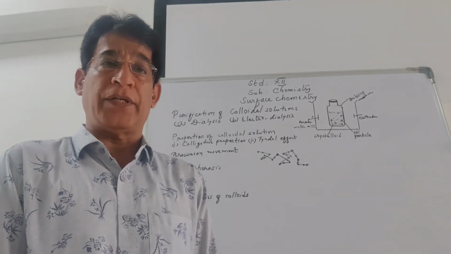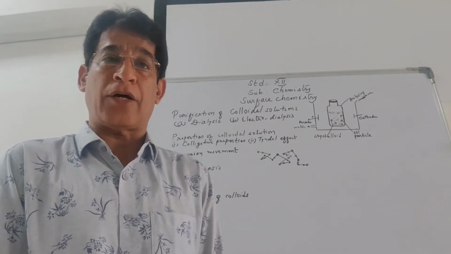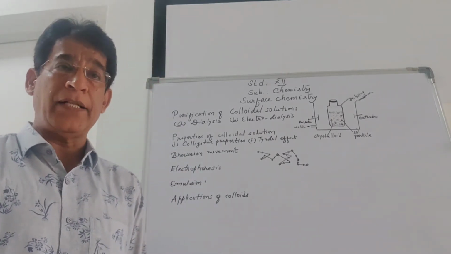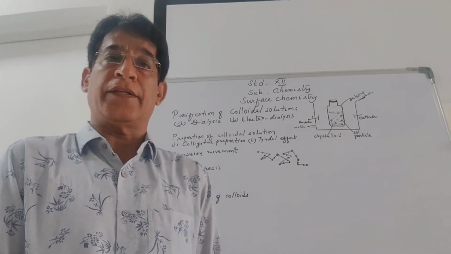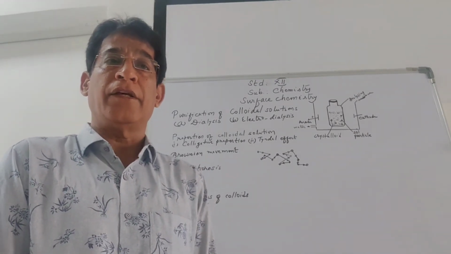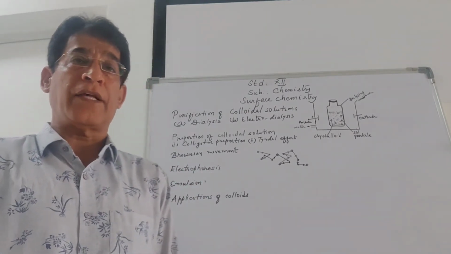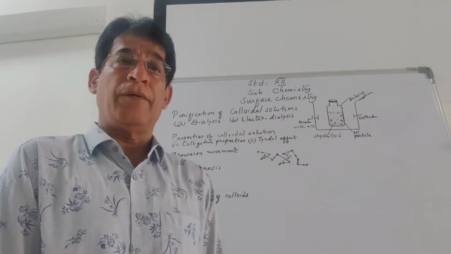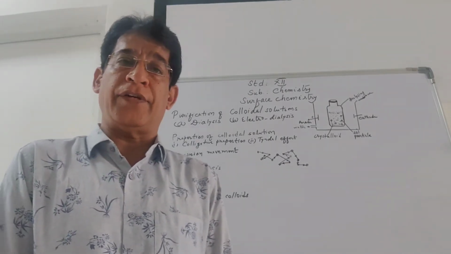The two components, oil and water, tend to separate out. To obtain a stable emulsion, a suitable stabilizing substance is generally added. The stabilizing substance is called emulsifier or emulsifying agent.